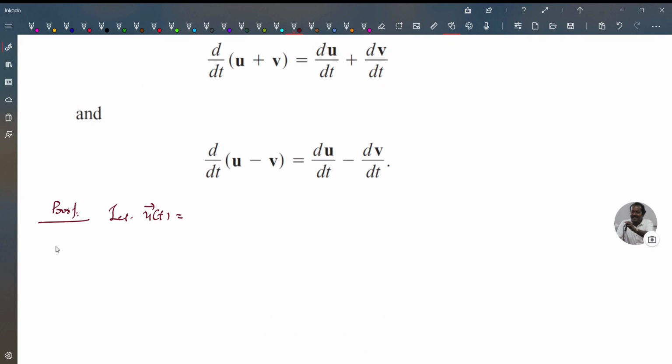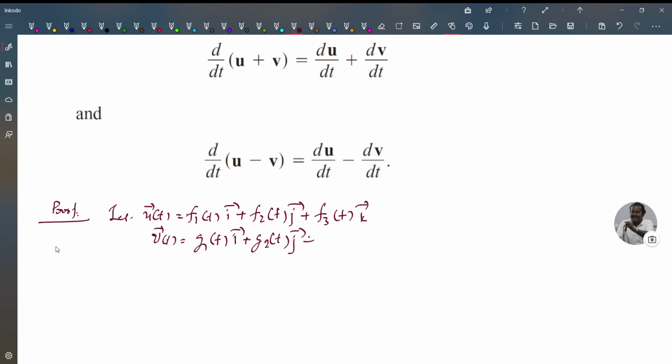Let u of t is equal to f1 of t i plus f2 of t j plus f3 of t k. v of t is equal to g1 of t i plus g2 of t j plus g3 of t k.